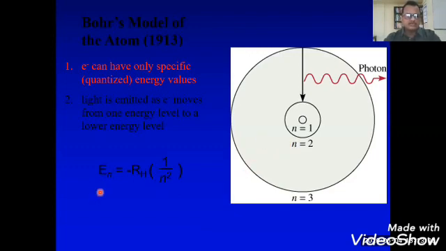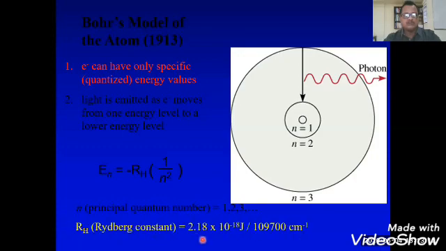So for the first orbit, n will be equal to 1. Then E1 will be equal to minus RH. RH is called the Rydberg constant for the hydrogen atom, and it has a value of 2.18 into 10 to the power of minus 18 joule, or 109700 centimeter inverse, or minus 13.6 electron volt.